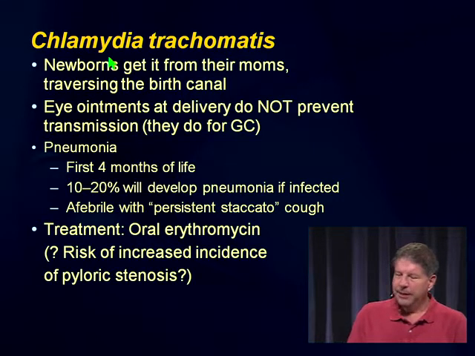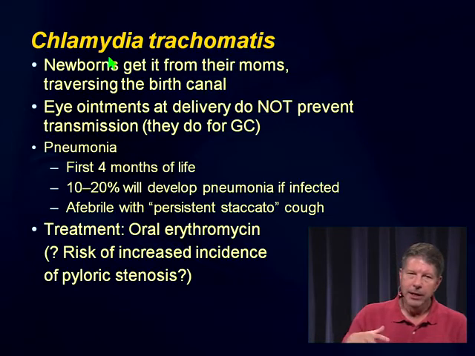The classic way they'll present this on the test, though, is the pneumonia in the first 4 months of life. And they'll give you some words here that if you see these words, just pick it. If they say a staccato cough, that means they've got chlamydial pneumonia.